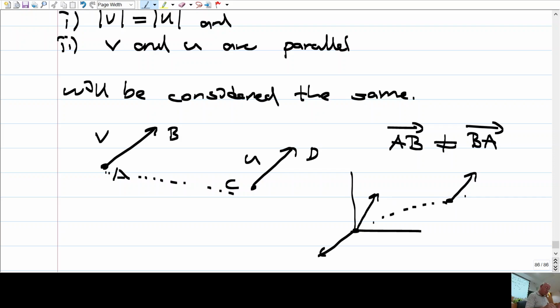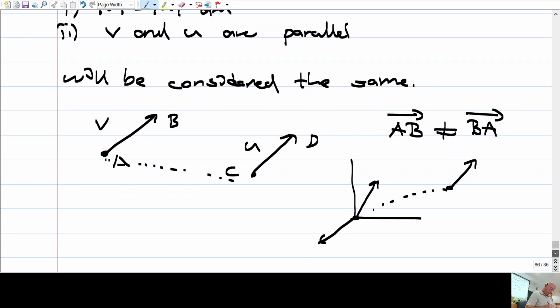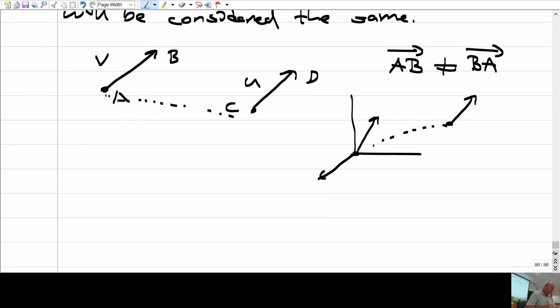So for us, this vector and this vector will be the same, as long as they are parallel and have the same length. Okay.